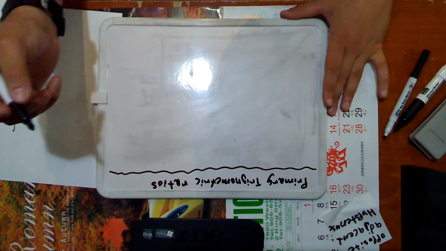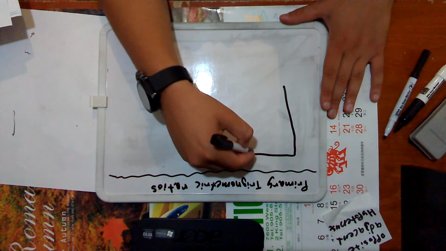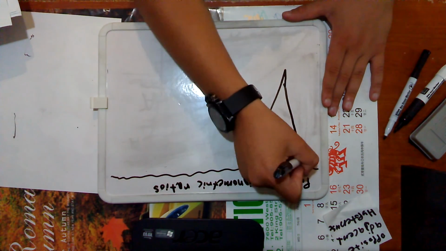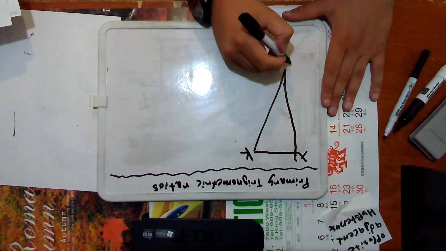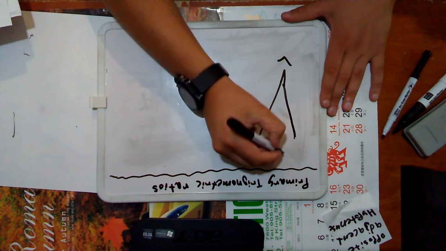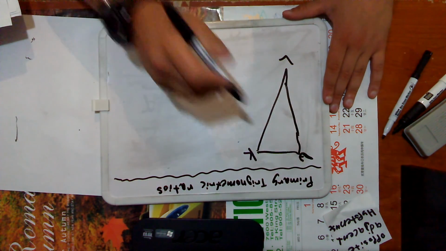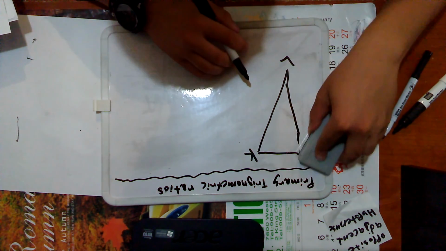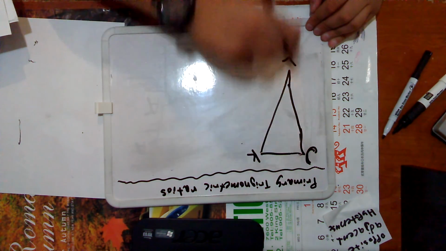Let's say we have this triangle over here, and let's call it triangle JKL. The J is so weird. Oh, oops. Okay, JKL.